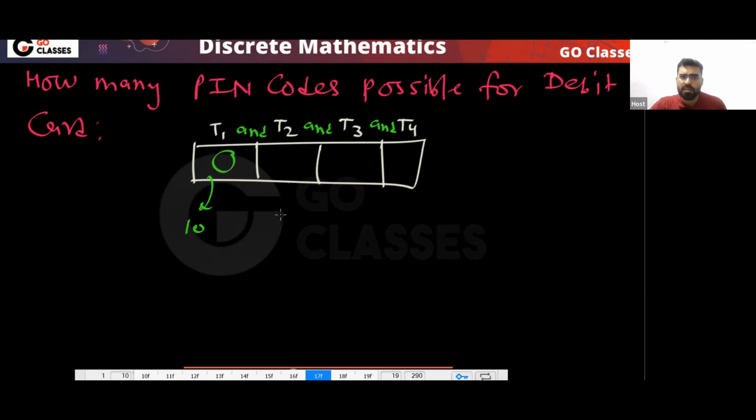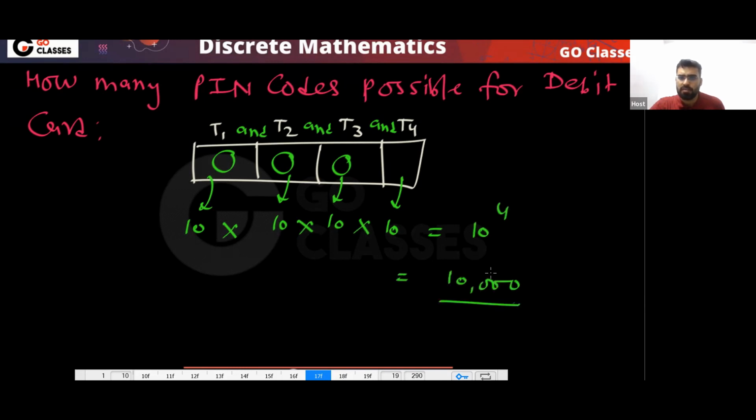Whatever I put here, for the next digit I again have 10 choices, and again 10, and again 10. Because of the product rule, the answer is 10 to the power 4. So 10,000 pin codes are possible.